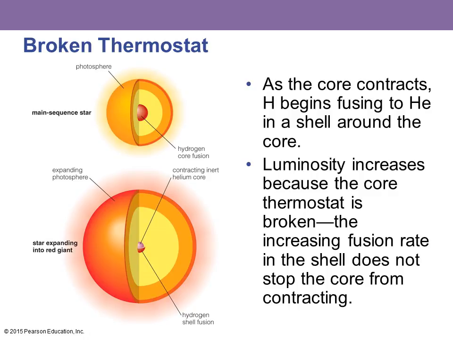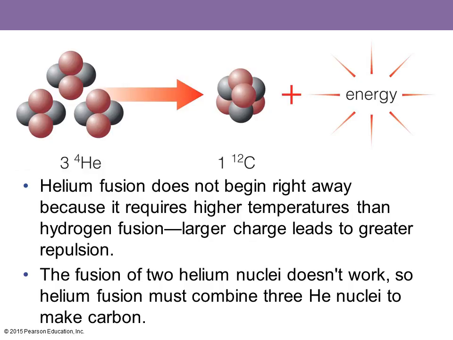And it does that because it's basically run out of hydrogen, or it's close to running out of hydrogen fuel. It has a helium core. That core gets bigger and luminosity increases because the thermostat's broken. So the fusion rate doesn't stop the core from contracting. So helium is something that is going to start fusing in this particular case.